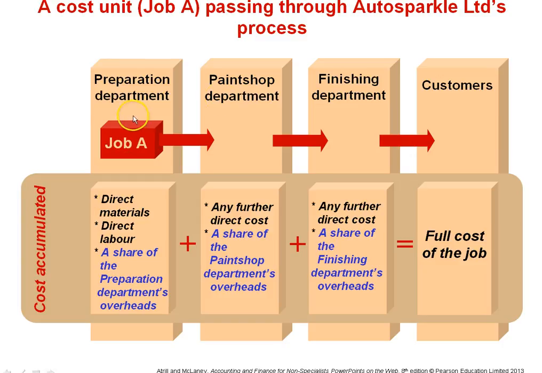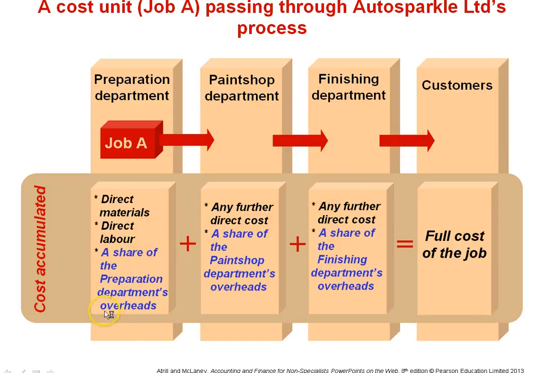So preparation department for job A then goes to paint shop and then goes to finishing department. So some sort of machine process. We don't have to worry too much about it. First of all, the direct costs. They can be identified with the activity in the department. So that is reasonably straightforward.